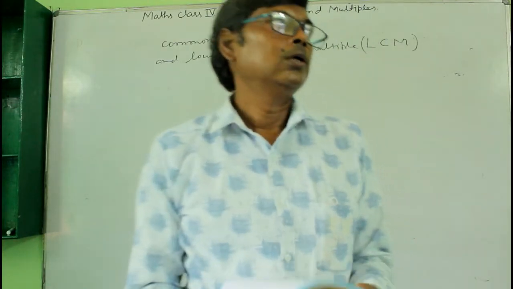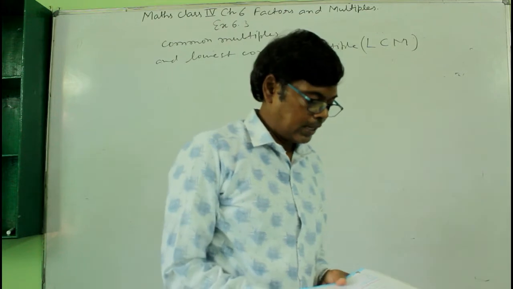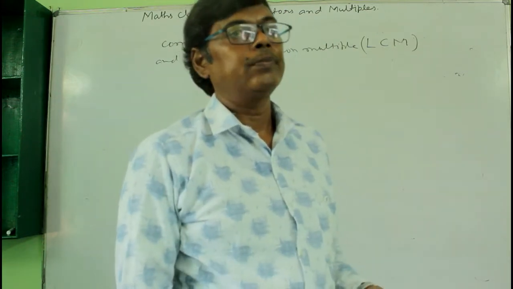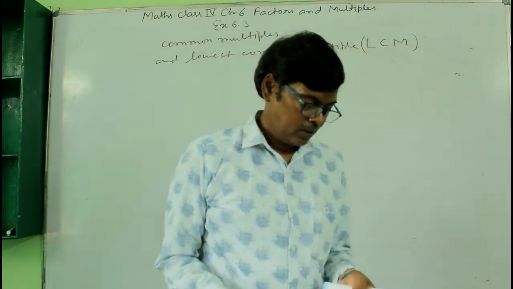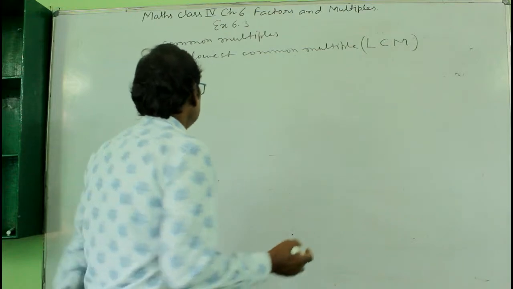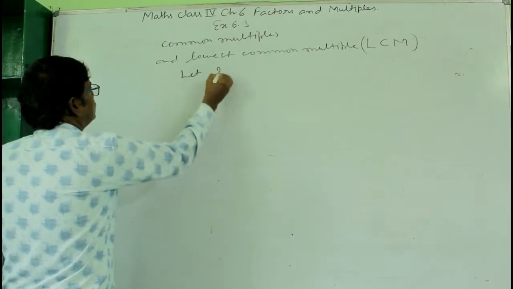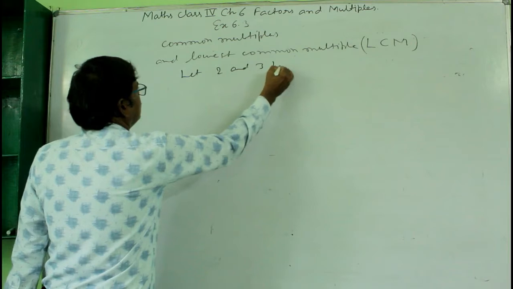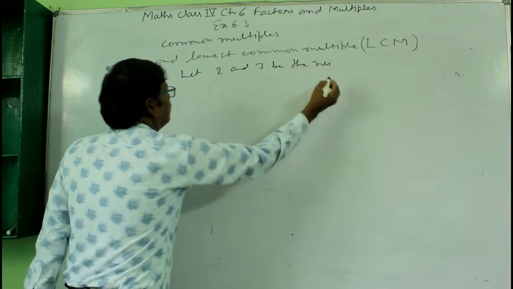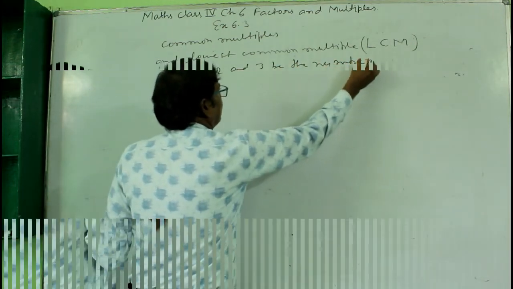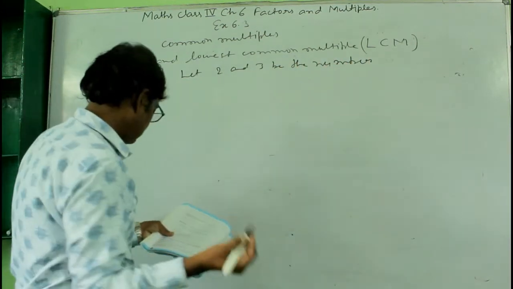Okay, so understand by some examples. First take the example of the numbers 2 and 3. Let 2 and 3 be the numbers. We will write the multiples of 2.